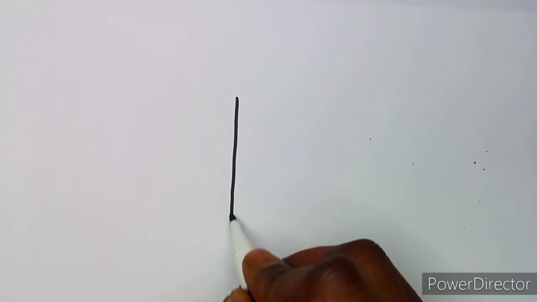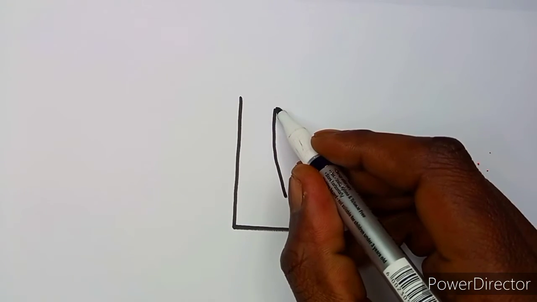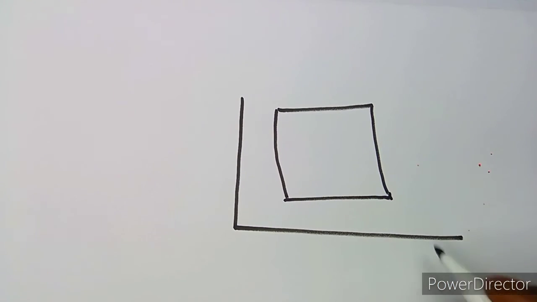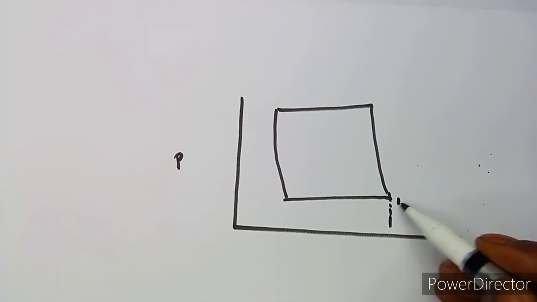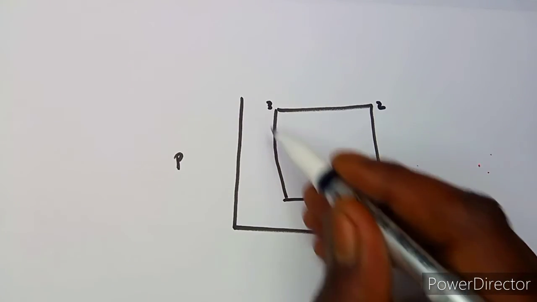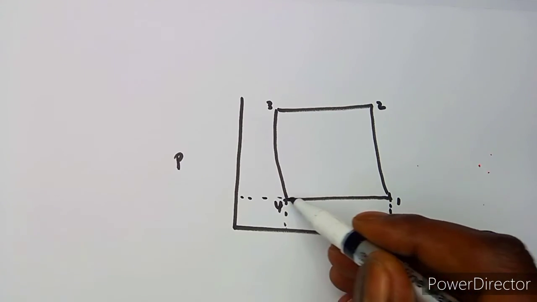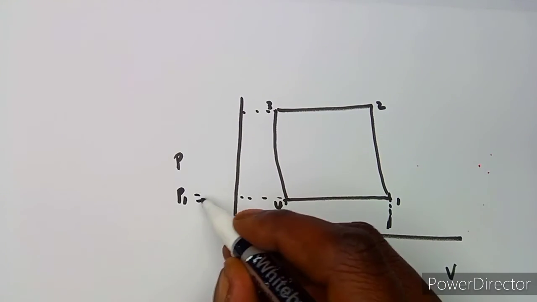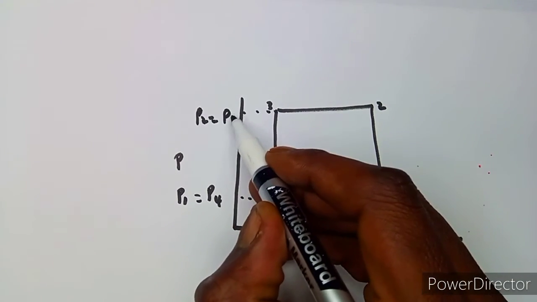Actually, you know that this diagram is something of this nature. That's your volume and this is your pressure. So actually you'll be having 1, 2, 3, 4. The diagram can help us to know that P1 here will be equal to P4 and P2 will be equal to P3.